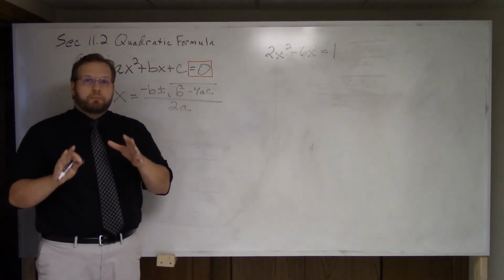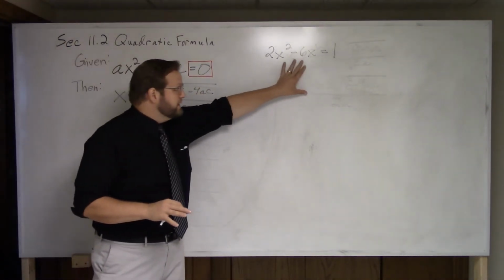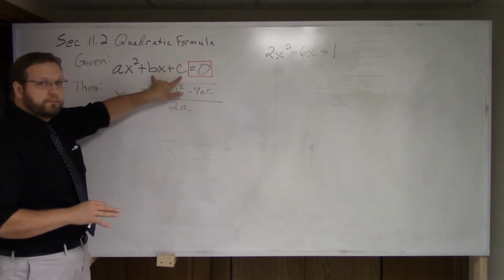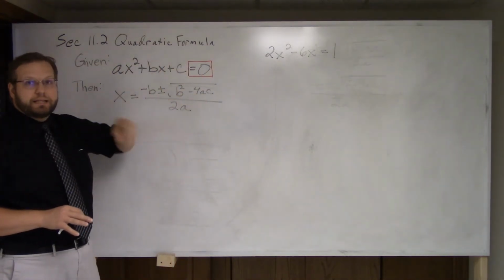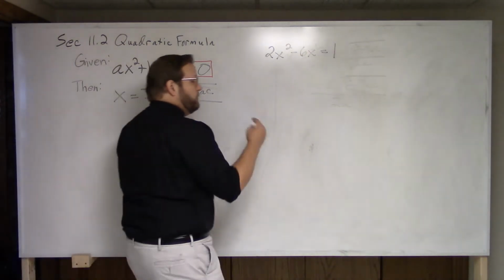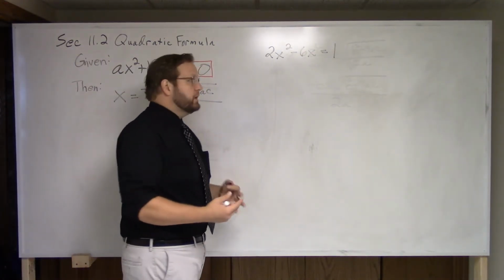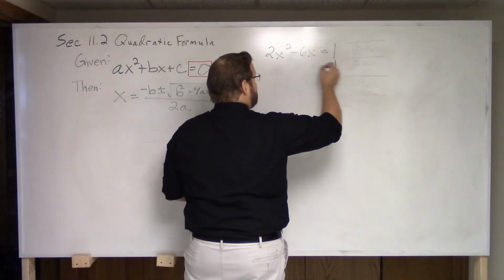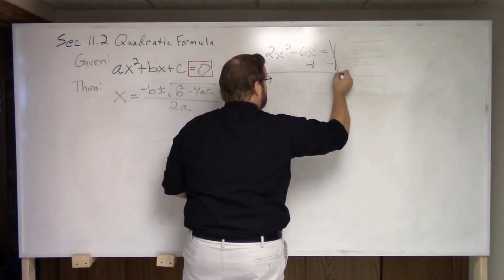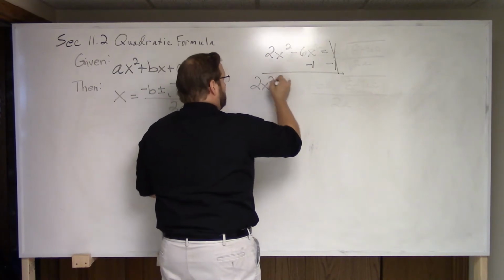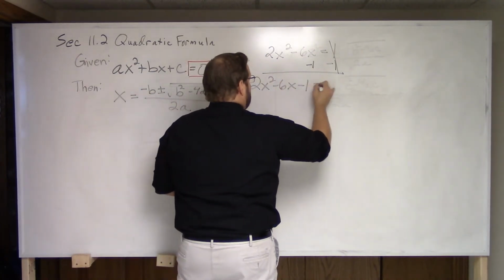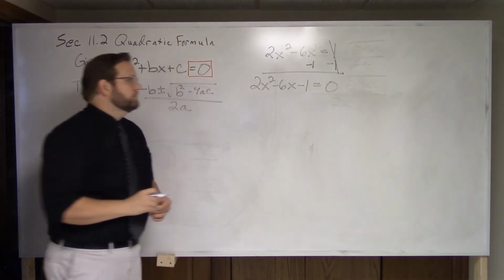Now, the thing I want to point out with this, first of all, this does not look like this. We don't have that 0 on one side. That's the first thing we need to do. If we were completing the square, this would actually be a good setup. But if we're using the quadratic formula, I have to start by taking the 1 over. And we got that.